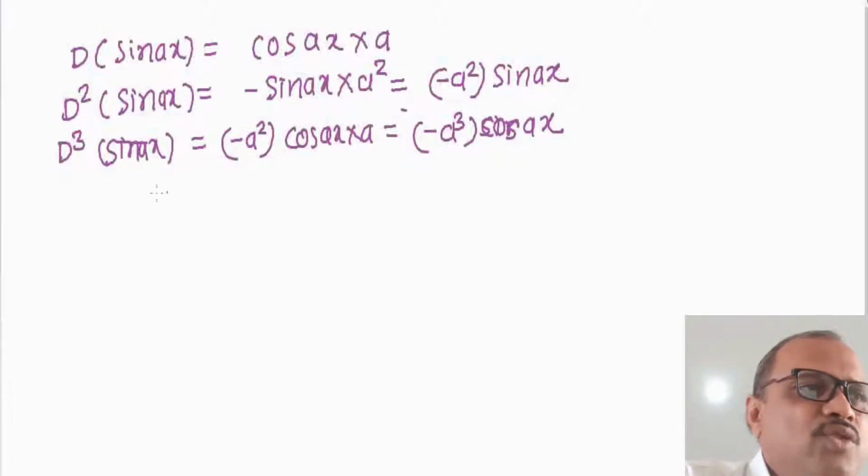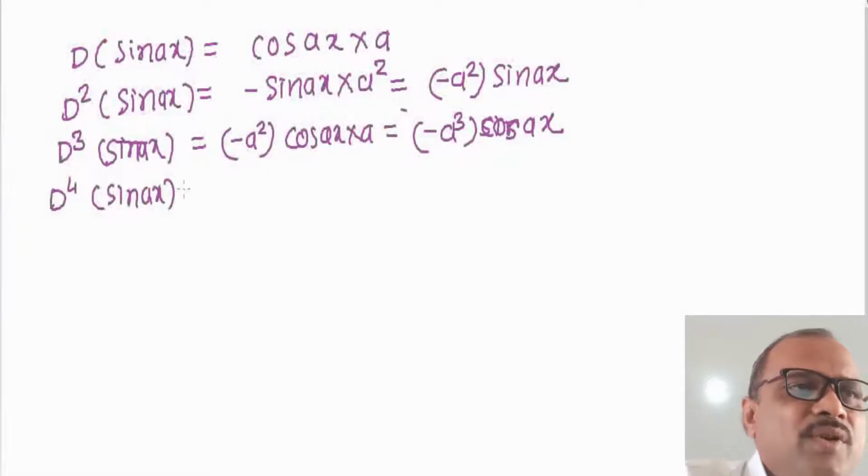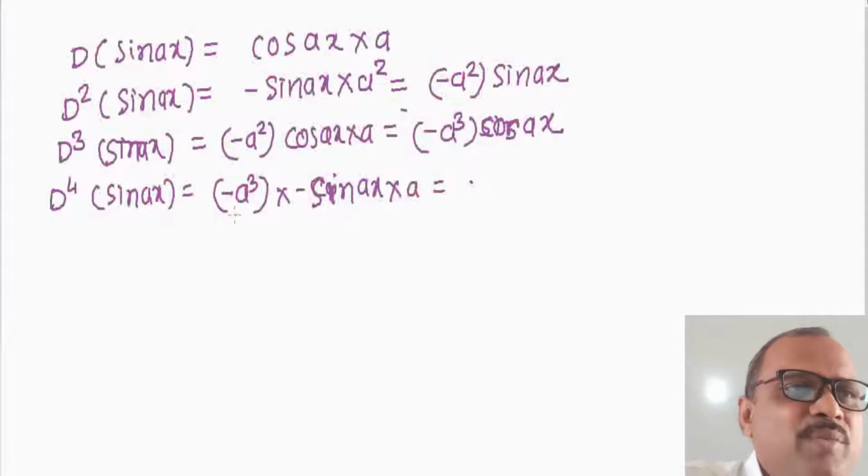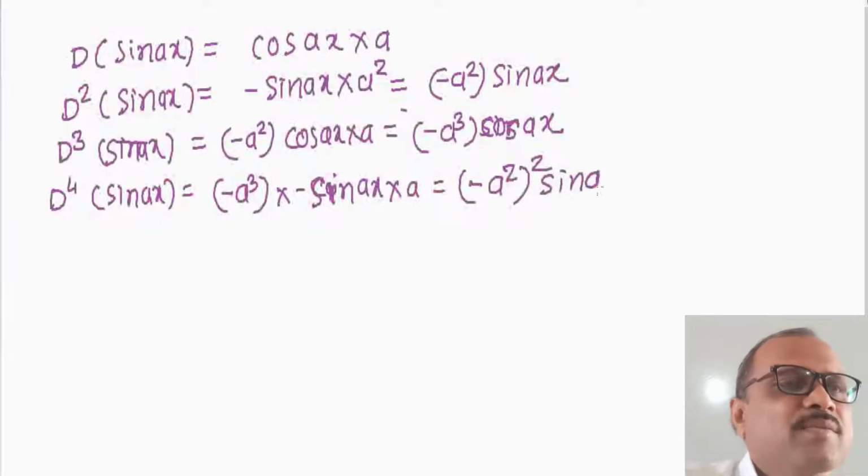Again D raised to 4 of sine ax equals minus a cube into the derivative of cos, which is minus sine of ax into a. Here minus and minus become plus, so we write it as minus a square whole square into sine of ax.